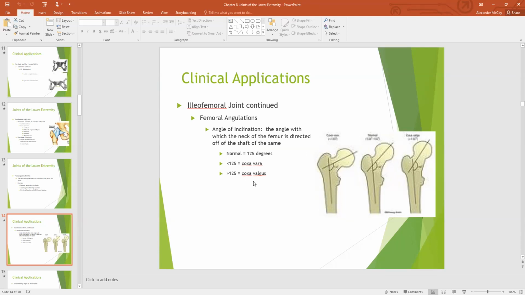Now, I know it says normal is 125. That's kind of what we've set as normal. Most people are not going to be exactly that number. However, once we start to deviate above and below, this will cause different repercussions and stresses put on the femur and the neck of that femur, okay?